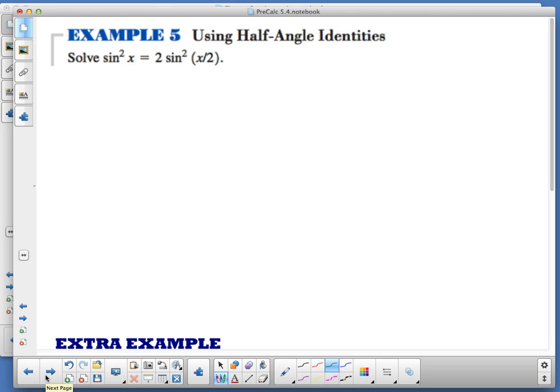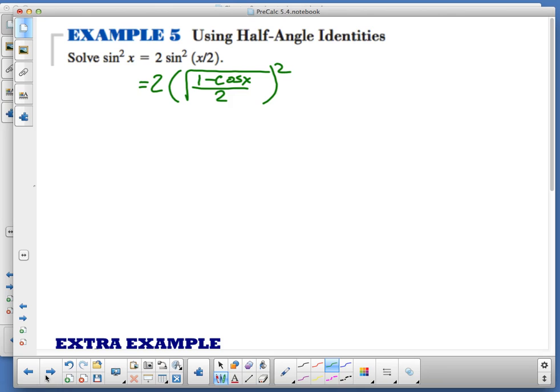Sine of x over 2 is plus or minus the square root of 1 minus cosine x over 2. Now keep in mind that's supposed to be squared as I go through, because I'm using that half angle to get it back to x.